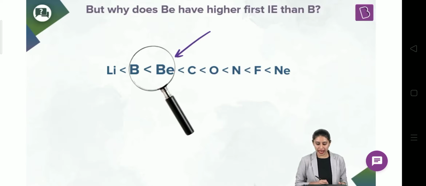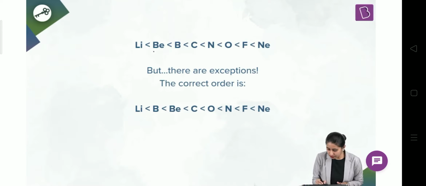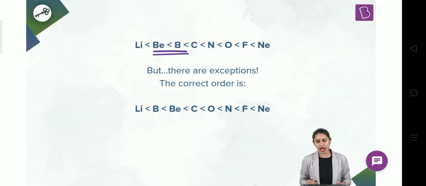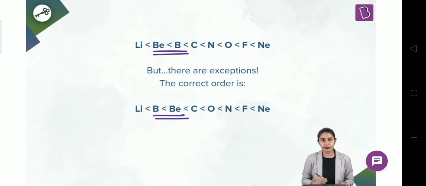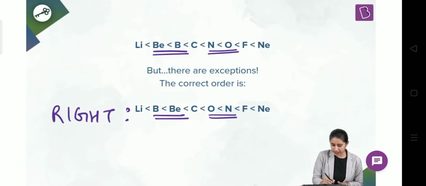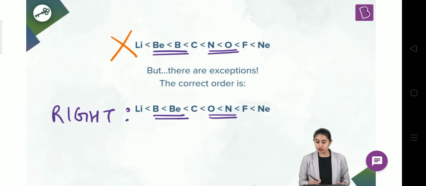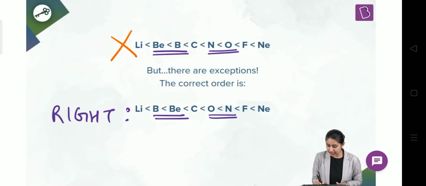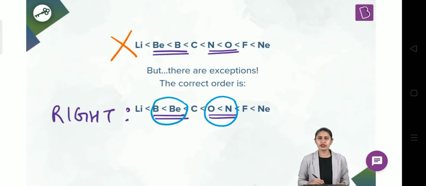Look at this, boron and beryllium. So beryllium and boron is what this should have been, but here boron and beryllium is what we are observing. Similarly, nitrogen and oxygen, and nitrogen is in the real answer, the right answer. So you can clearly see that in the right answer, this is one anomaly and this is the second one.